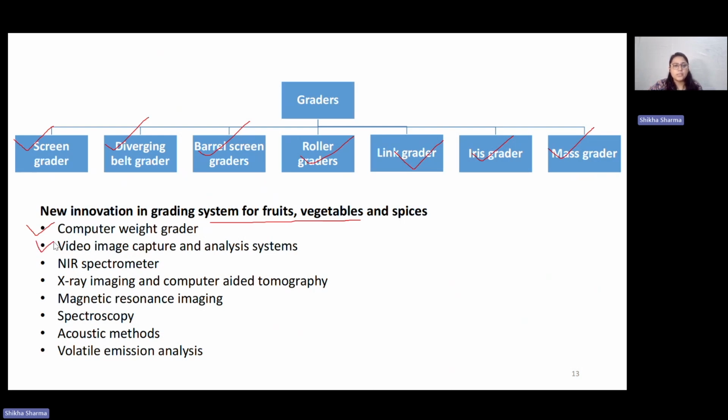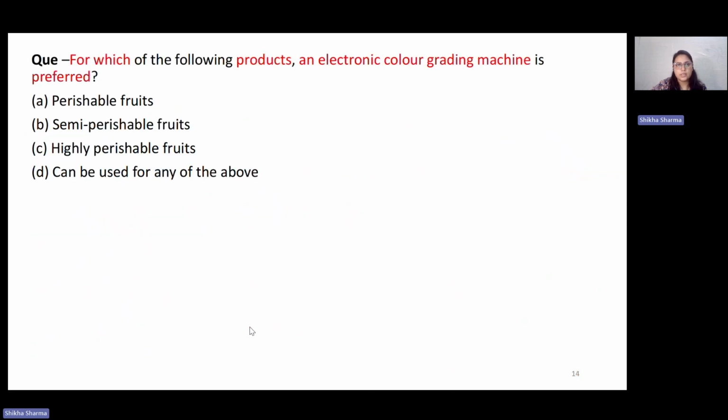Then video image capture and analysis systems, NIR spectrometers, X-ray imaging and computer-aided tomography. Next is magnetic resonance imaging, MRI, then spectroscopy, acoustic methods, and last is volatile emission analysis. These are the new methods which can also be used for grading fruits, vegetables and spices.